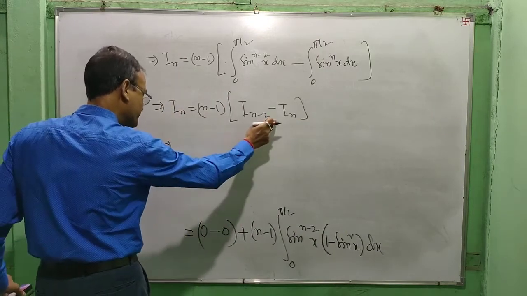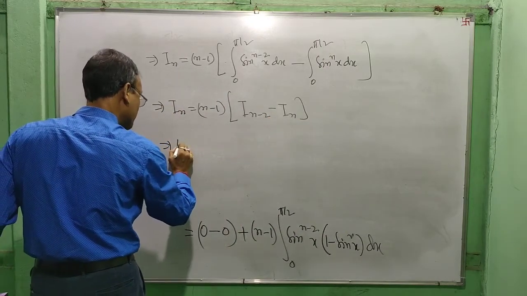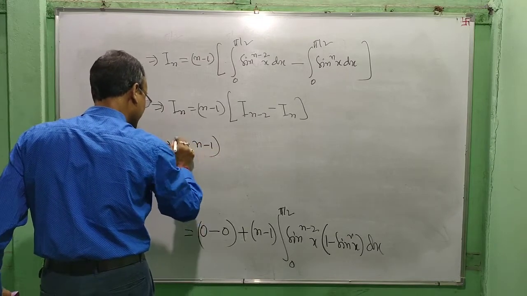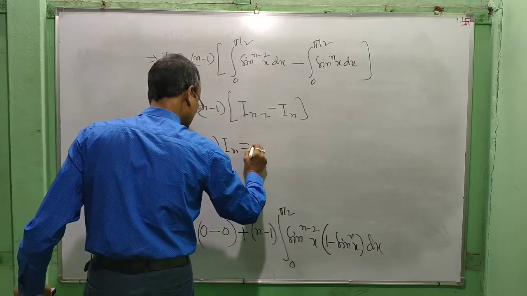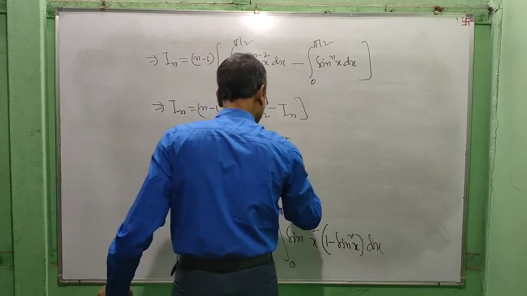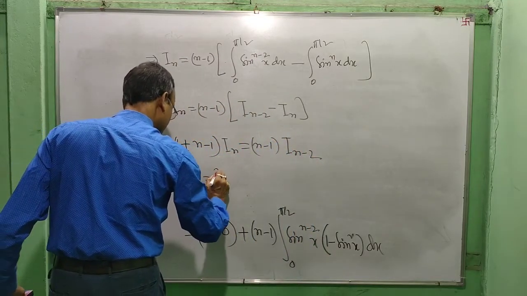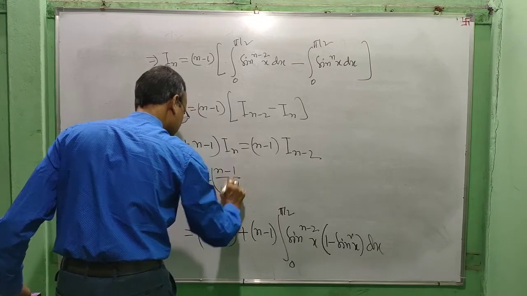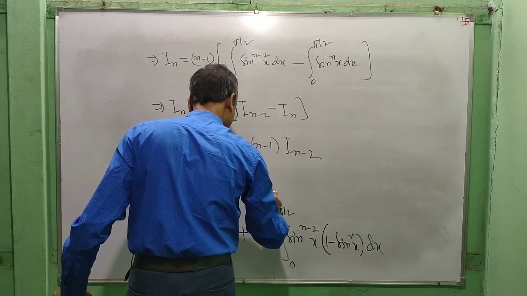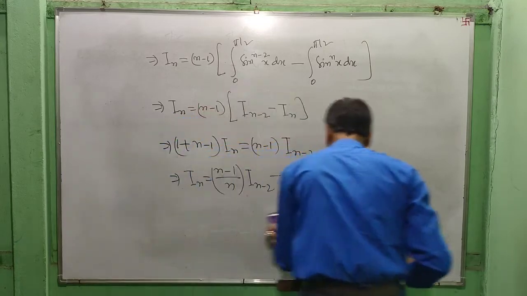This means 1 plus n minus 1 times In equals n minus 1 times In minus 2, or In equals n minus 1 by n, In minus 2. Suppose this is number 1.